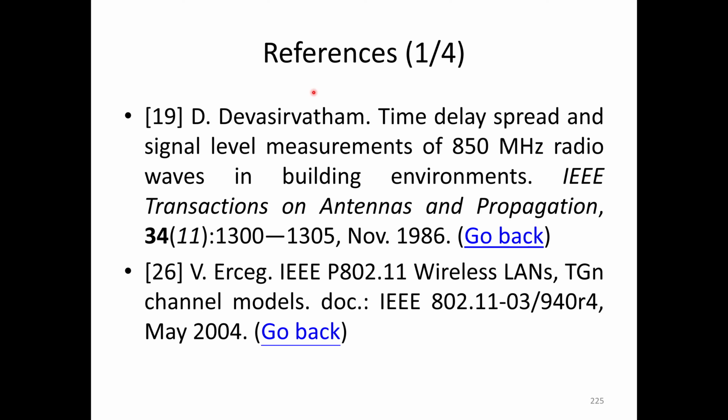This is a journal paper. The author is Devasirvatham, and the title of the paper is Time Delay Spread and Signal Level Measurements of 850 MHz radio waves in building environments, which was published in IEEE Transactions on Antennas and Propagation in 1986.